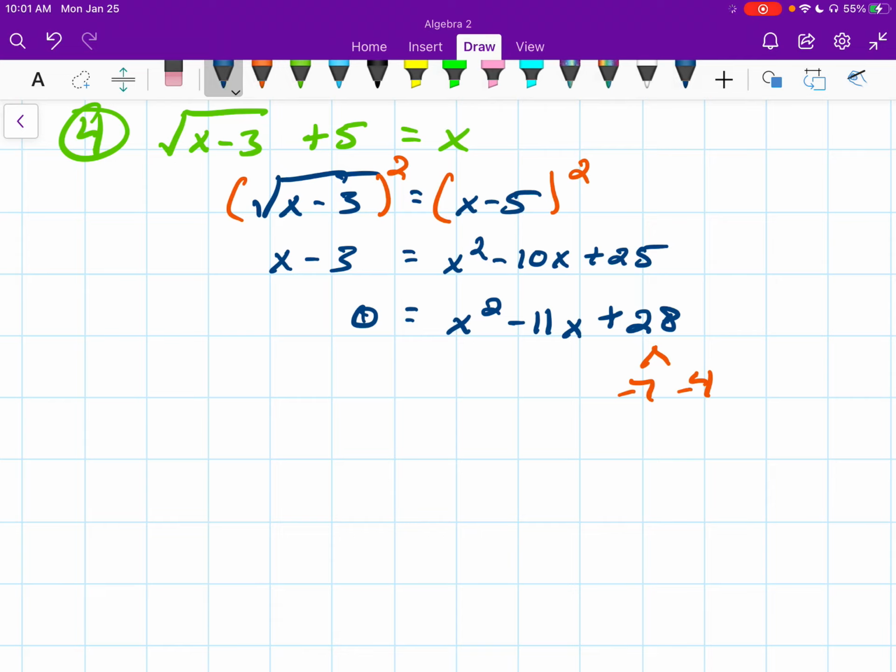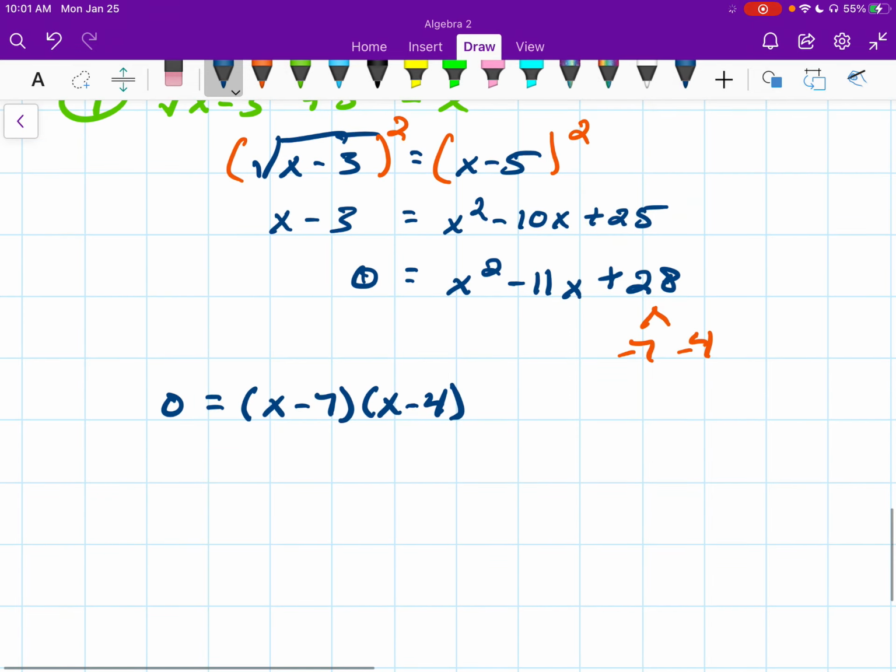So whenever I factor this, it'll be 0 equals x minus 7, x minus 4. This means that 0 equals x minus 7 or 0 equals x minus 4. Oops, I put an x there. That should be a 0. So x is 7 or x is 4.